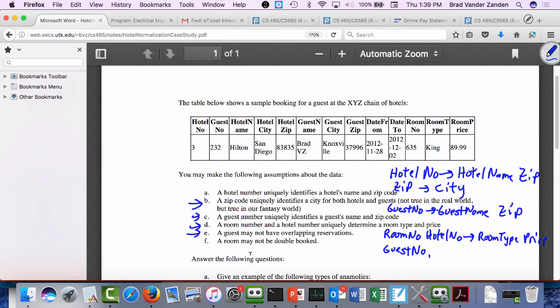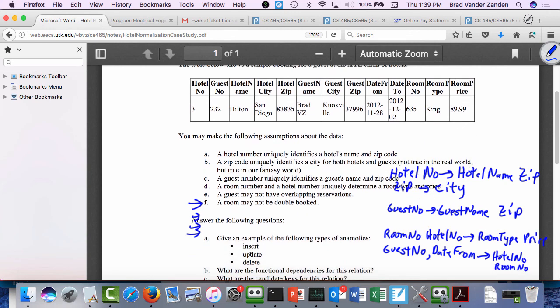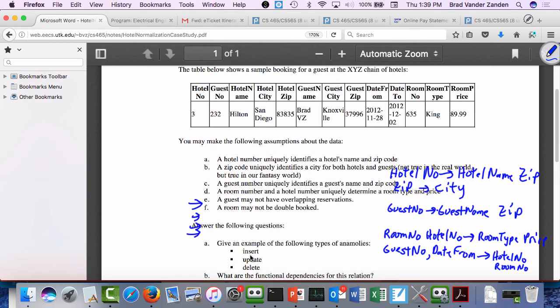Date from. So a guest number and date from is going to determine what? It is going to determine, yes, the hotel number, the room number, whoops. What else? Date 2, very good.